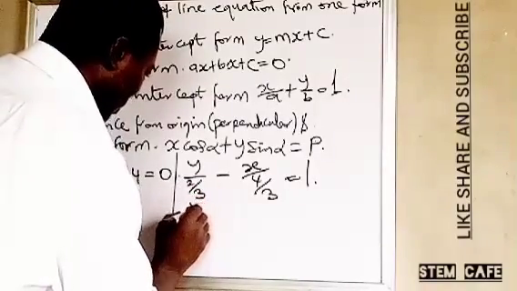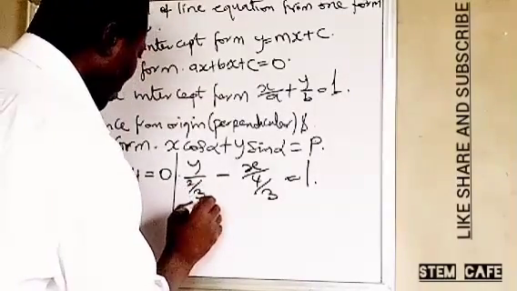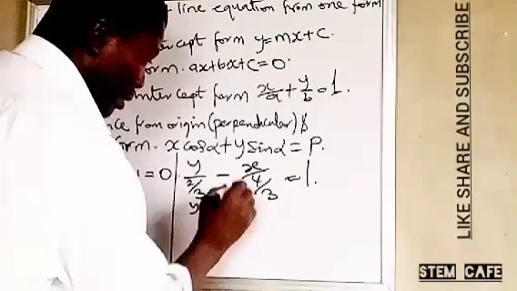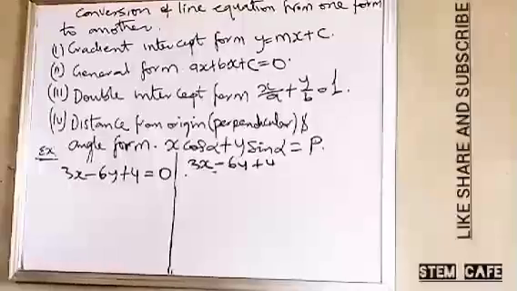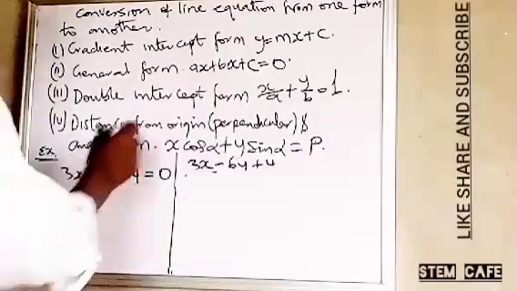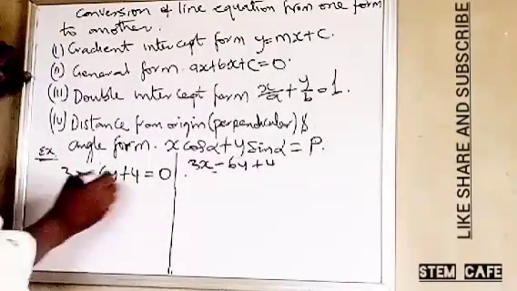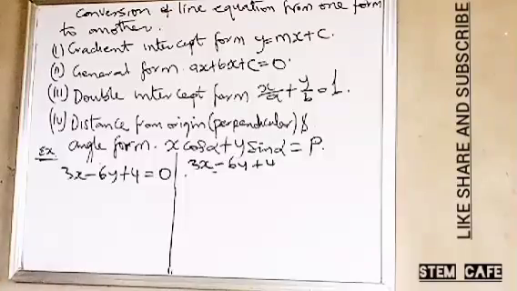Now to get the distance from origin form for this, I want to make a foundational explanation.